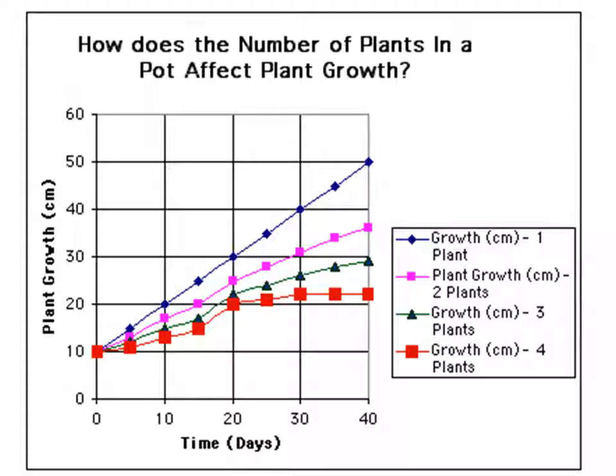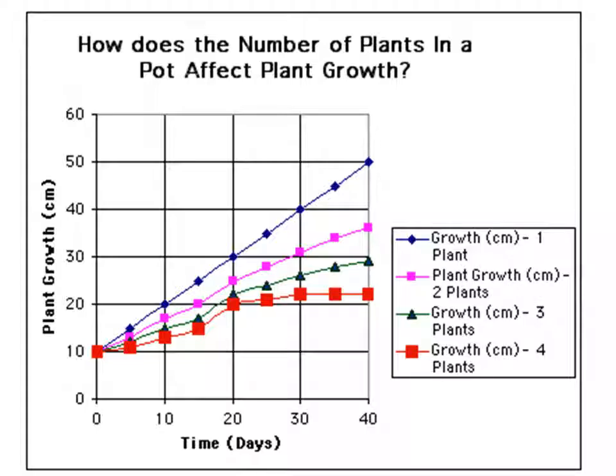So the blue diamonds represent 1 plant per pot. The pink squares represent 2 plants per pot. Black triangles, 3 plants per pot. And the red squares represent 4 plants per pot. And you can see that at the end of 40 days, the plant growth with 1 plant per pot was 50 centimeters on average.